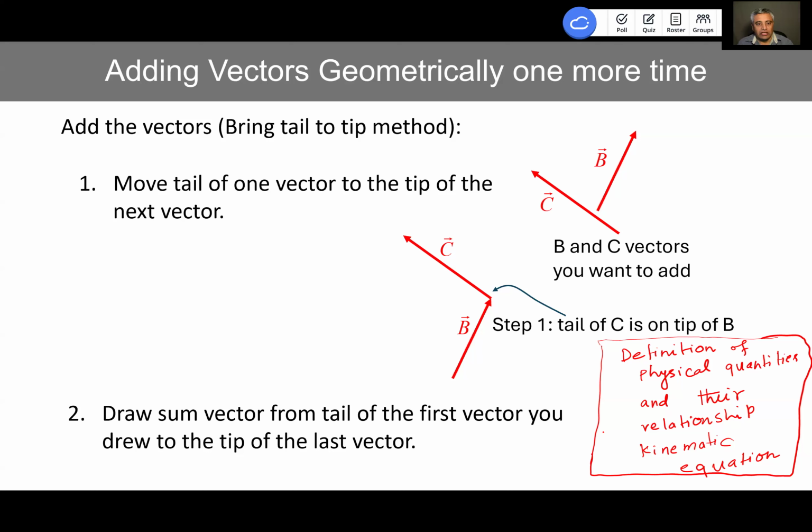And then we also learned that some of the physical quantities are vector quantities. Actually, most of these physical quantities are vector quantities. So when we have to add or subtract them, they don't just follow the simple rule of adding numbers or subtracting numbers. So we have to follow a special rule.